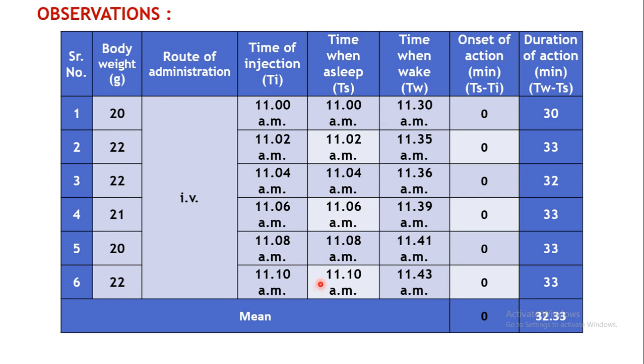So what will be the onset of action? How can you calculate the onset of action in minutes? It is TS minus TI, that is the time when the animal falls asleep minus the time of injection. That will give you the onset of action in minutes. As you can see over here, it is 0 because the animals fall asleep instantaneously.